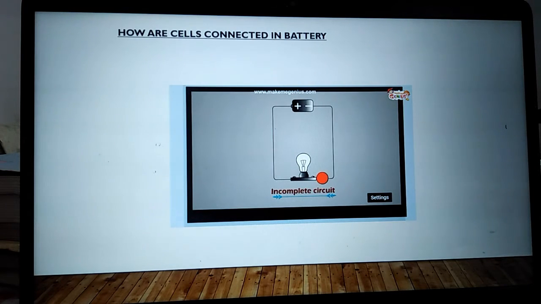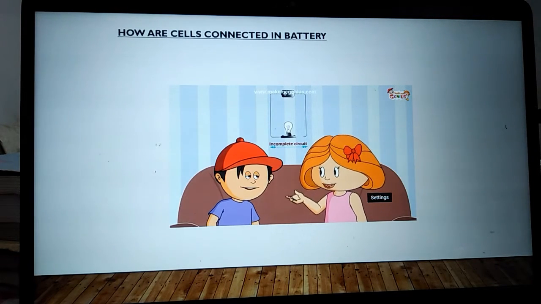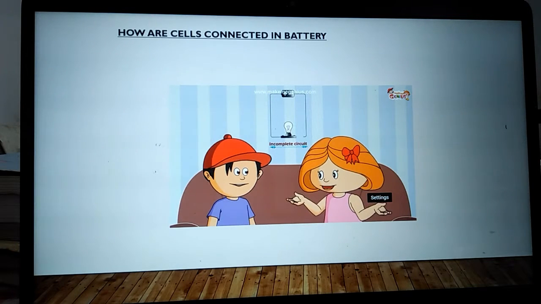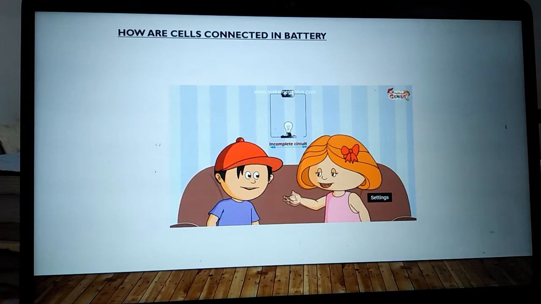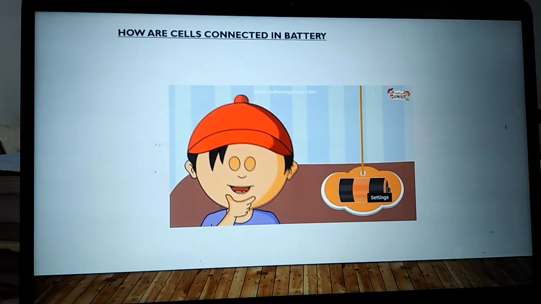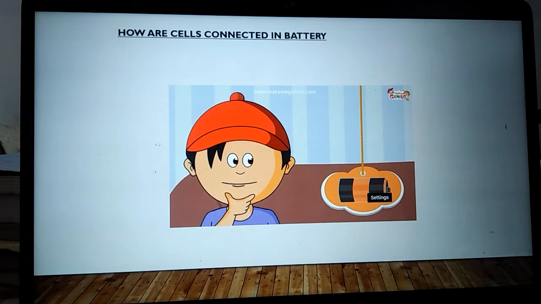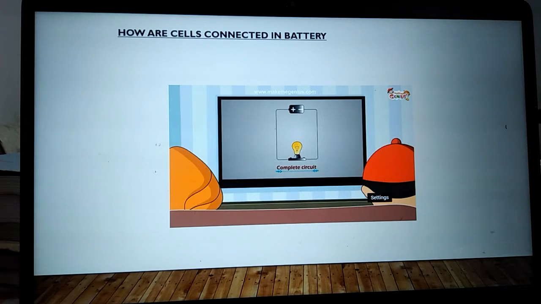Oh, the circuit is not complete. Correct. This is an incomplete circuit. You need a complete path for the current to flow in. This is called an electric circuit. So, you need some power source like a cell or a battery and you need a full circuit for electric charge to flow. Yeah, here it is.